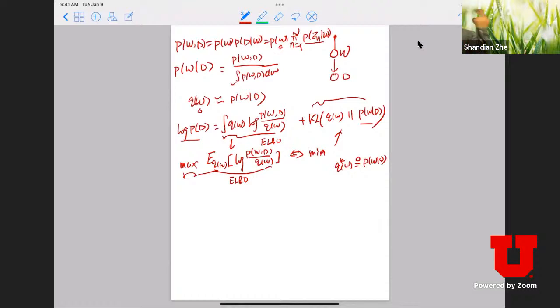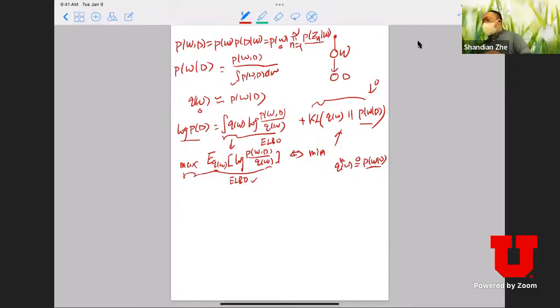Then it is equivalent to being able to compute the true posterior, because when this gets to the maximum, the KL divergence gets to the minimum, which is 0, at which Q of W will be the true posterior. This view is also called the variational form of Bayesian inference.